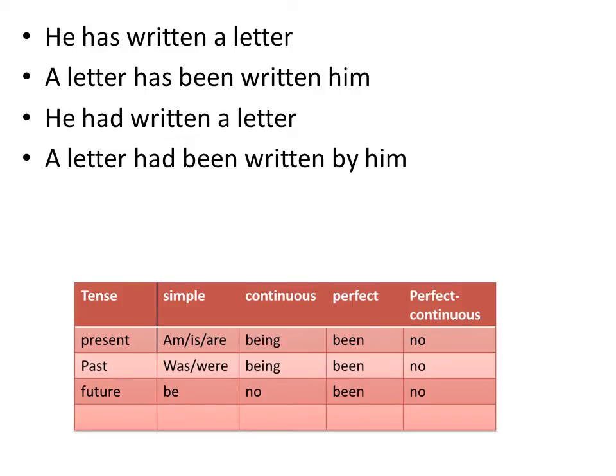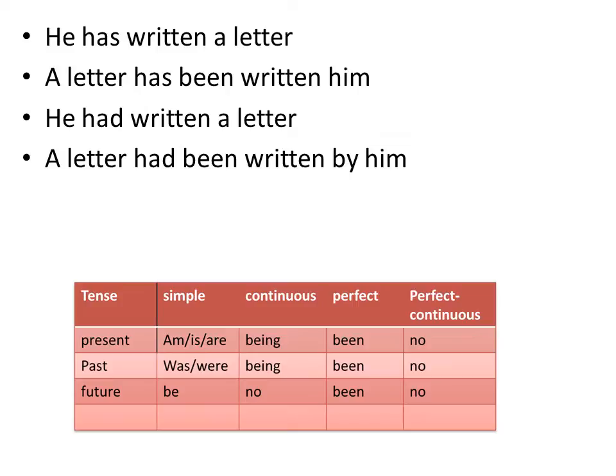He has written a letter. We know the object, a letter. Then has, we have to use has or have, because suppose the sentence is like he has written letters.